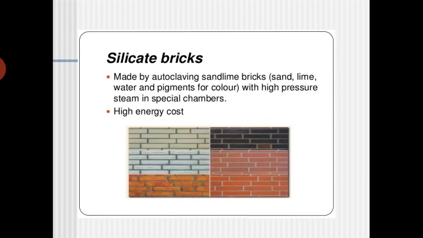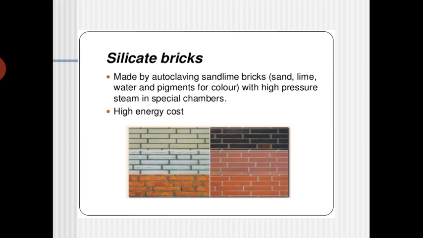Now silicate bricks. These silicate bricks are made by autoclaving sand lime bricks, that is sand, lime, water and pigments for color, with high pressure steam in special chambers. Of course, it cannot be burnt at a very low temperature like 300 or 400 degrees centigrade.